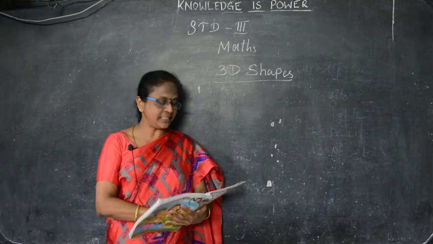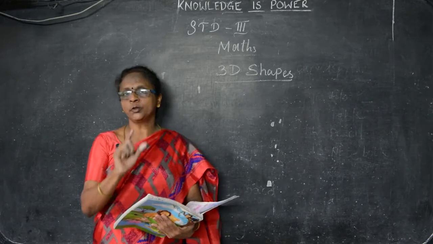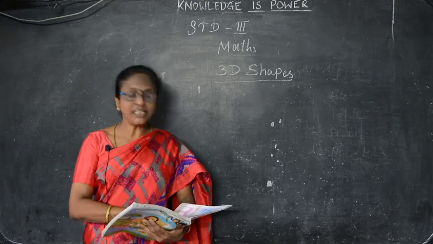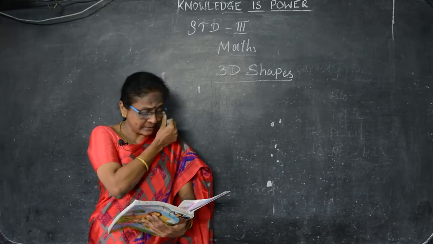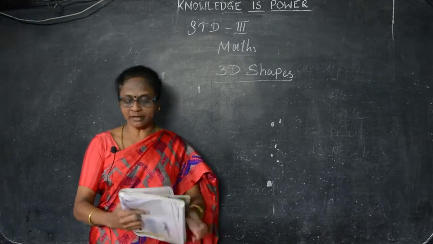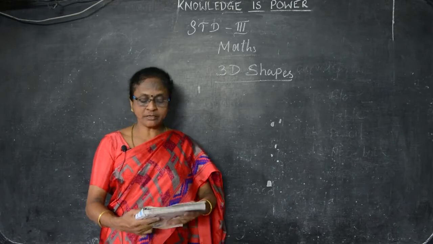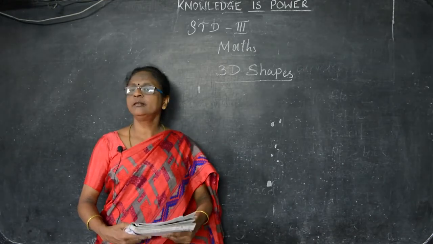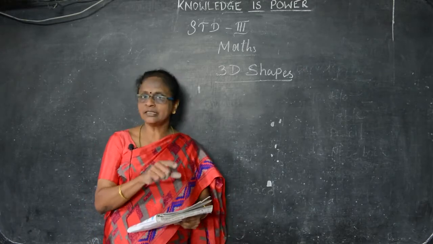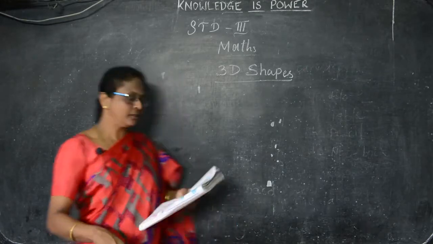Constructions of the 3D shapes. 2D shapes are drawn on the plane, but 3D shapes are the cube, cuboid, cylinder, sphere, pyramid and cone. In these 3D shapes you can have the length, height and width, but in the 2D shapes you don't have this length, height and width.